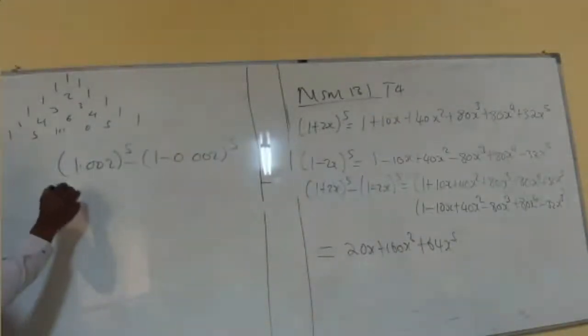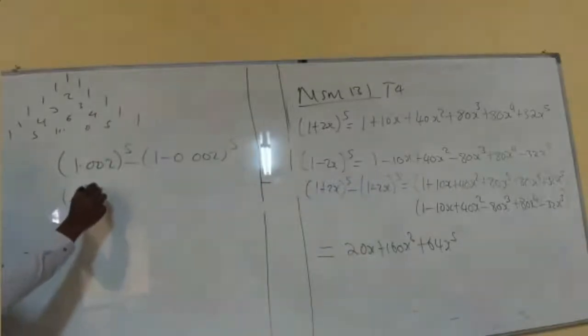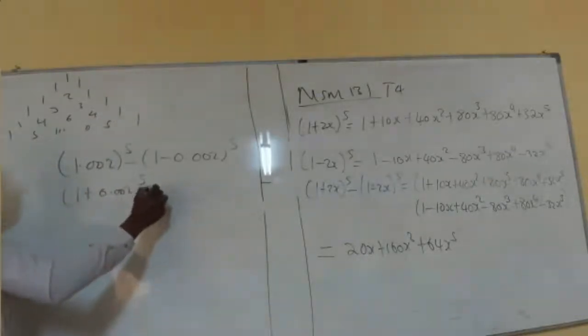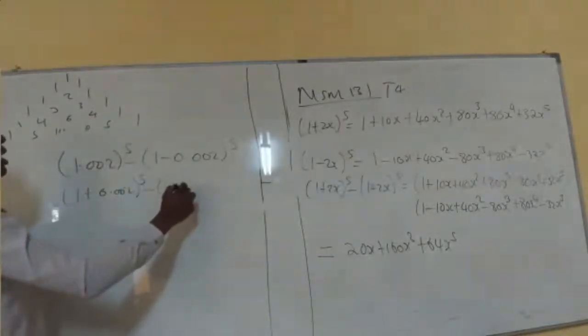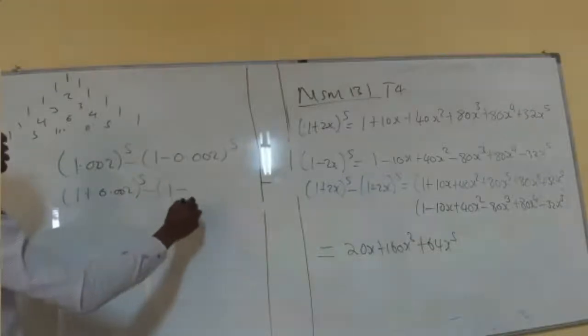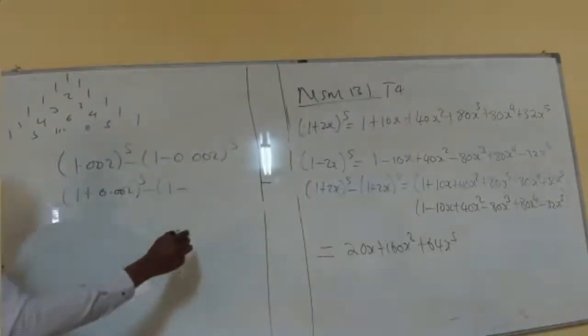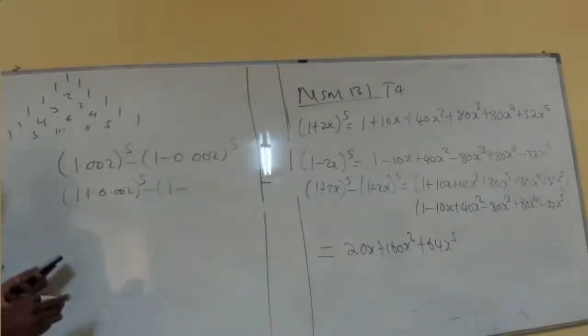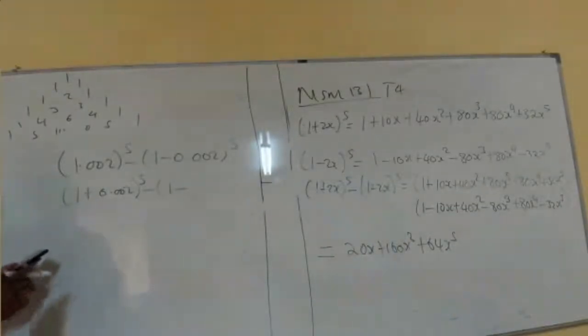So this can be written as 1 plus 0.002 to the power 5 minus, let me just check that.